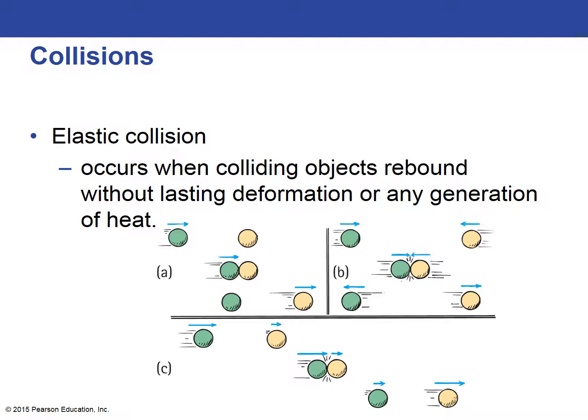The green ball slows down, the tan ball speeds up, but the sum of the momentum afterwards, as you can see from the length of the vectors, is the same before the collision as after the collision. So this allows us to calculate the velocity of the ball in both scenarios.